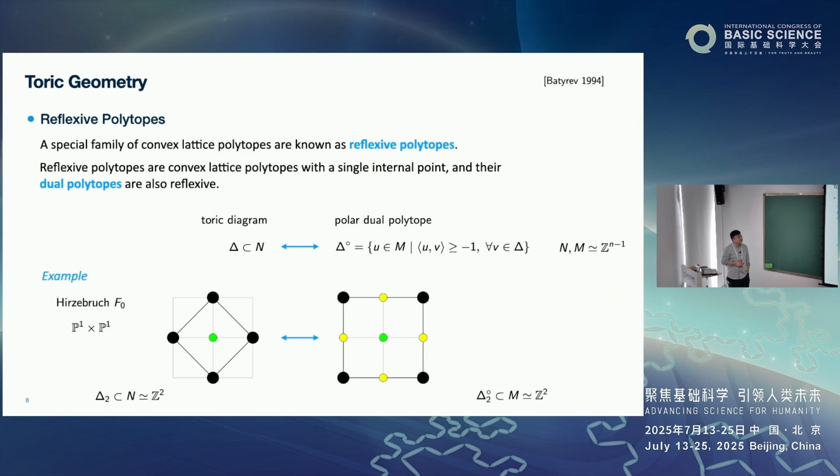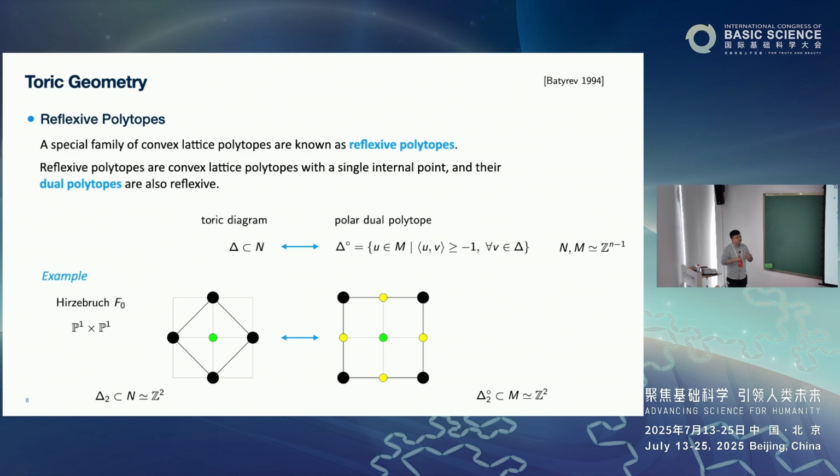And these n-folds have been studied extensively by mathematicians working in toric geometry, and they have also been classified. One famous classification, done by Batyrev in the early 90s, was the notion of reflexivity.